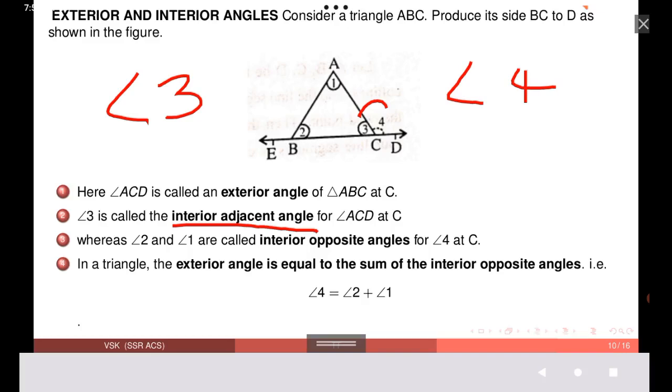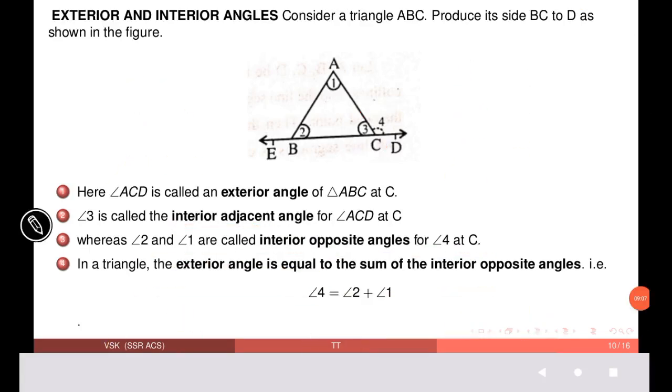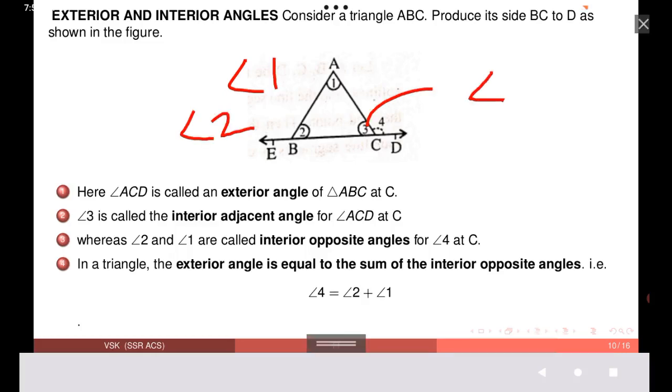Whereas angle 2 and angle 1 are the interior opposite angles for angle 4. Which are the interior opposite angles? This angle 1 and this angle 2.